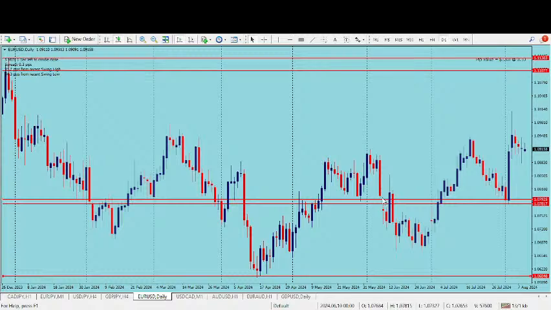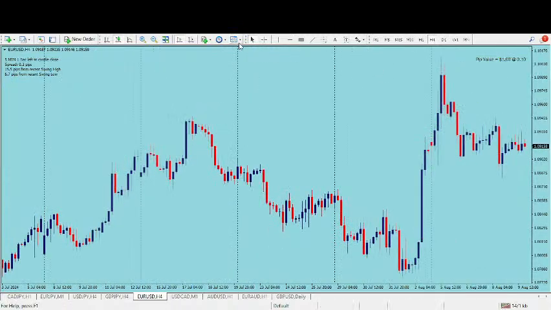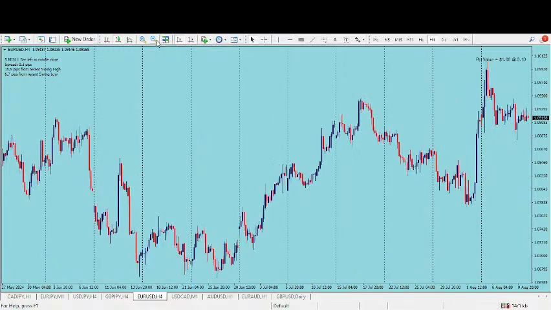Let me summarize. I'm going to summarize this market structure before we enter into resistance, support, and the rest. I want to use 4 hours to summarize. Look at this chart now. This is a very good chart. Let us start from here. I want us to start from this particular area now.